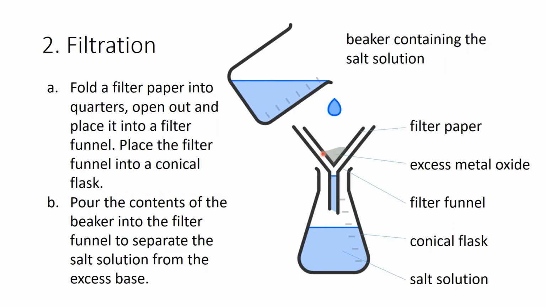And then you place that filter funnel into a conical flask, as described here in step A. In terms of step B, you'll then pour your salt solution into the filter paper. Through the filter funnel it will go, and you'll be left with a salt solution left behind. And you've separated your excess base from the salt solution.